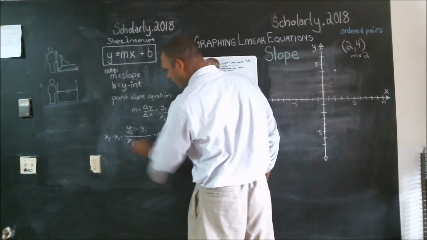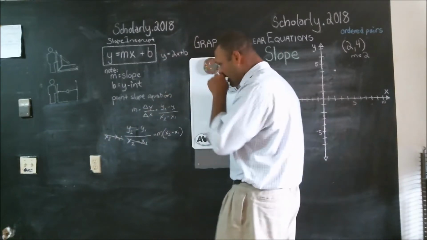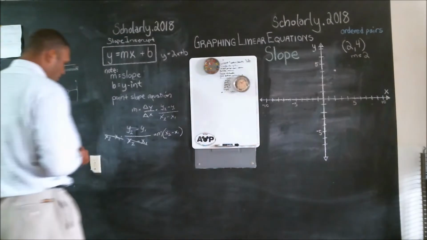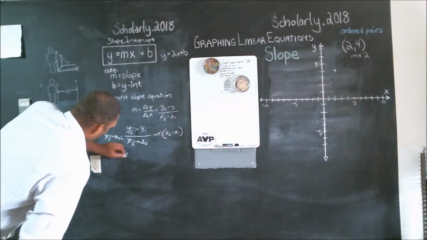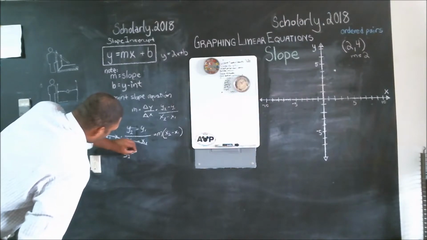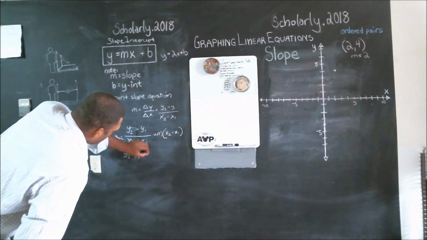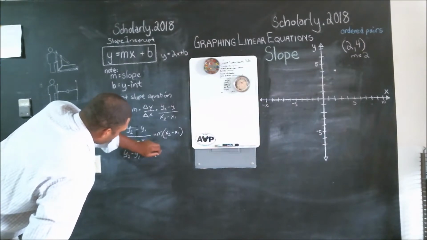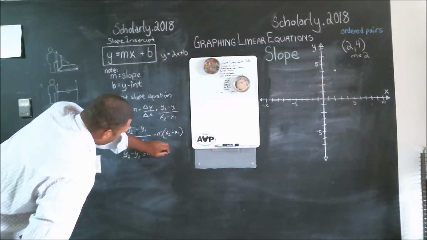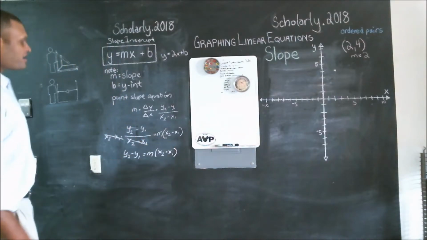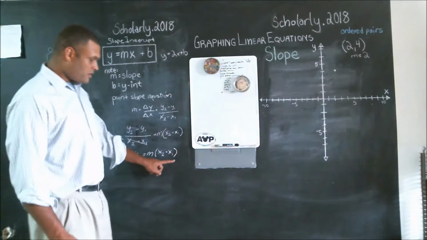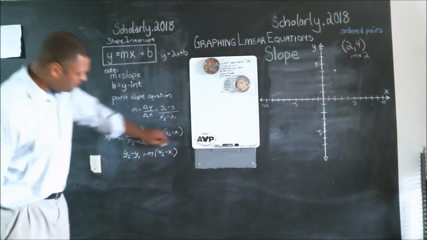And these cancel out. So our new equation that we're left with is y2 minus y1 equals slope times x2 minus x1. All right? That right there is our point slope form.